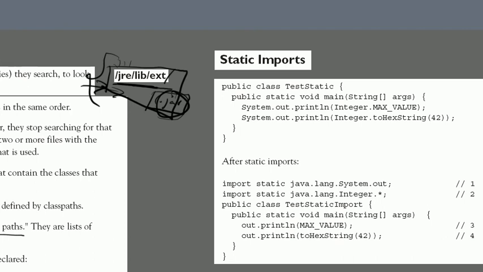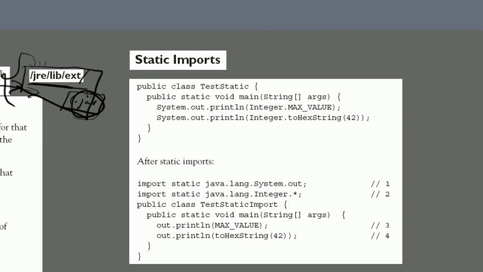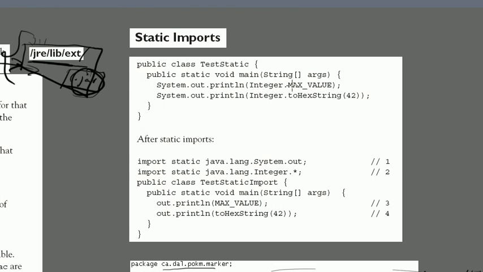Okay, let's talk about static import. Say MAX_VALUE is a static member of Integer, and toHexString is a static method of Integer. Instead of saying Integer dot, you could say import static.